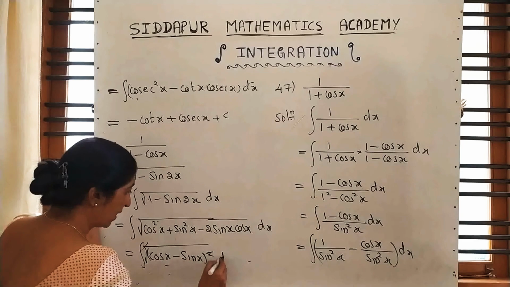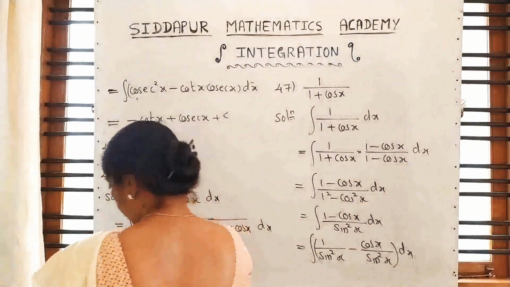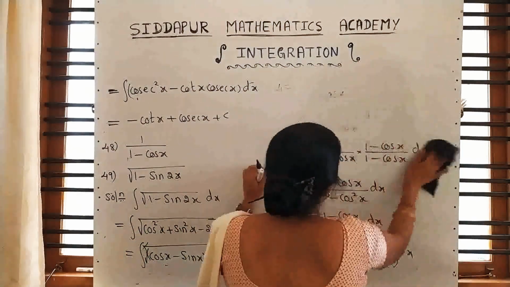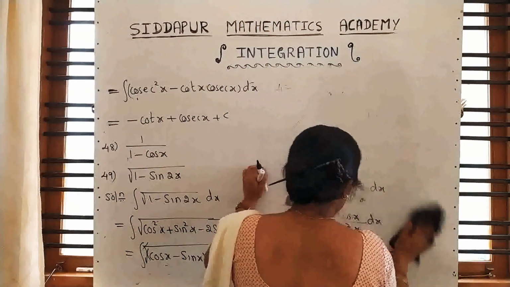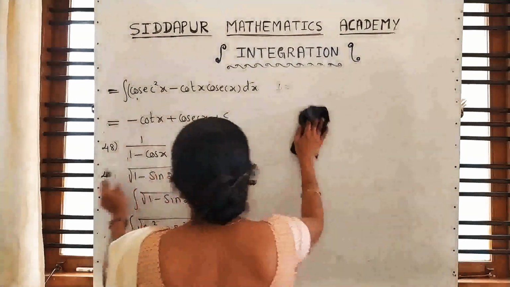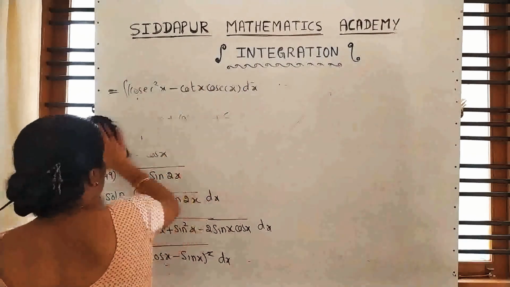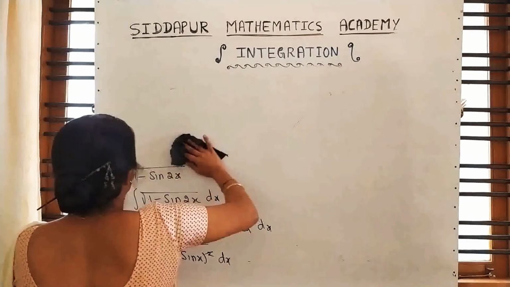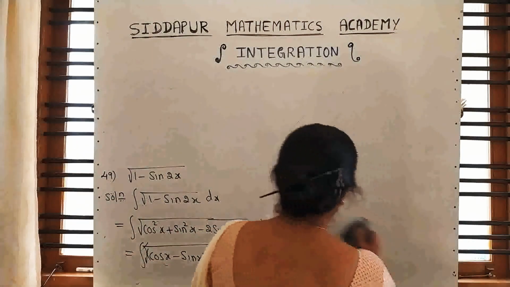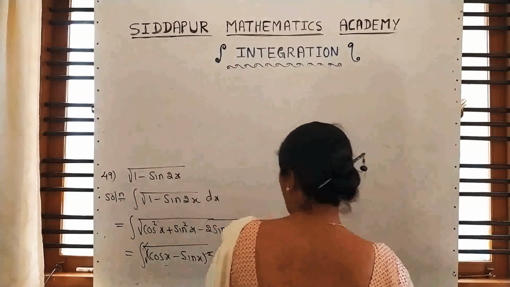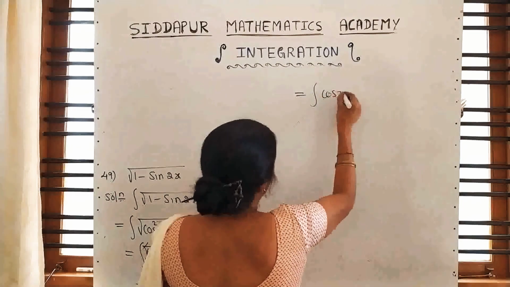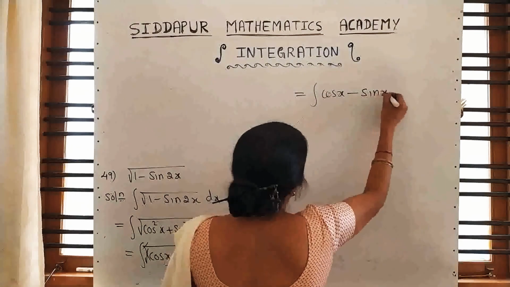Square root and square get cancelled. It is remaining integration of cos x minus sin x.